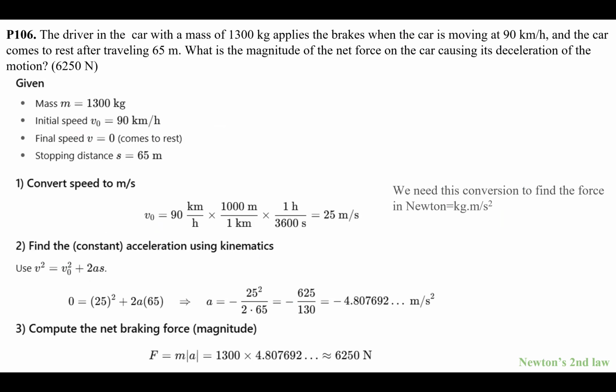A driver in the car with the mass of this much applies the brakes when the car is moving at this speed, and then the car comes to a rest after traveling 65 meters. What is the magnitude of the net force on the car causing its deceleration? Okay, so initially the initial velocity is given, with the mass.